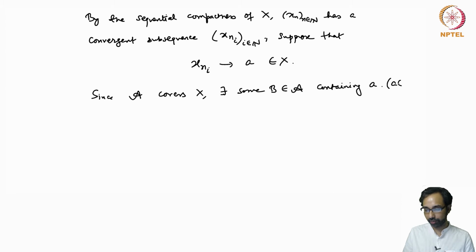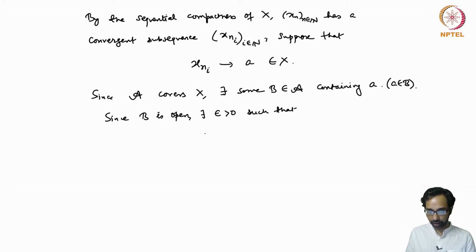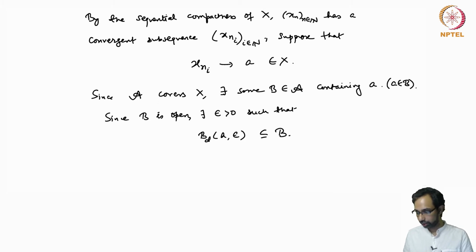So a belongs to B, and because B is open, there exists an epsilon greater than 0 such that the metric ball with center a and radius epsilon lies inside this set B.